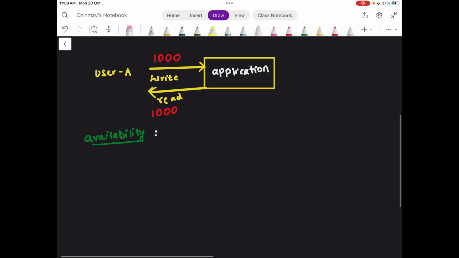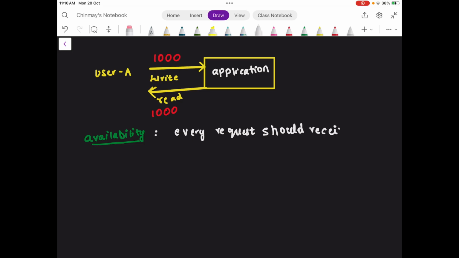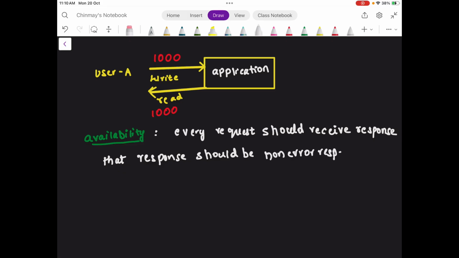Availability means every request should receive a response, and that response should be a non-error response. That means your application has availability.